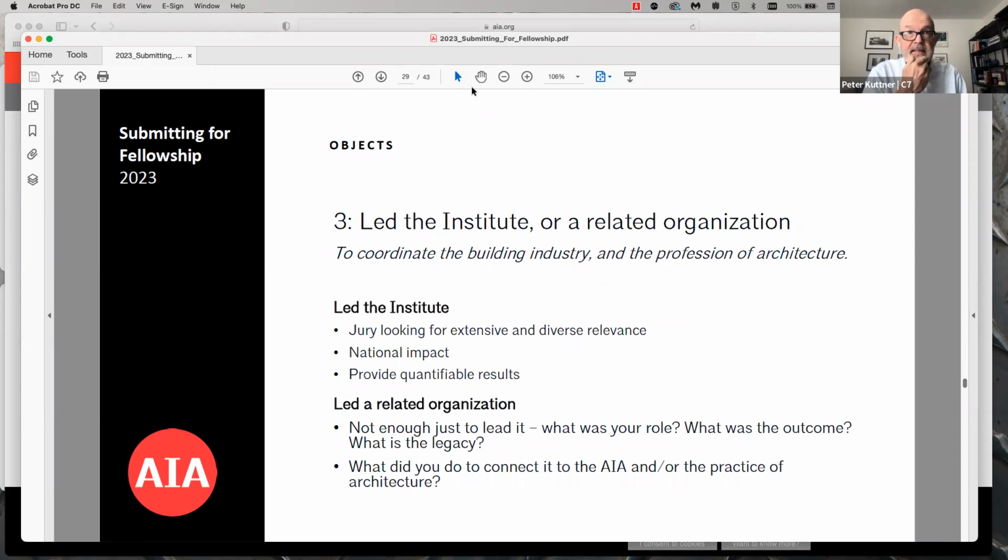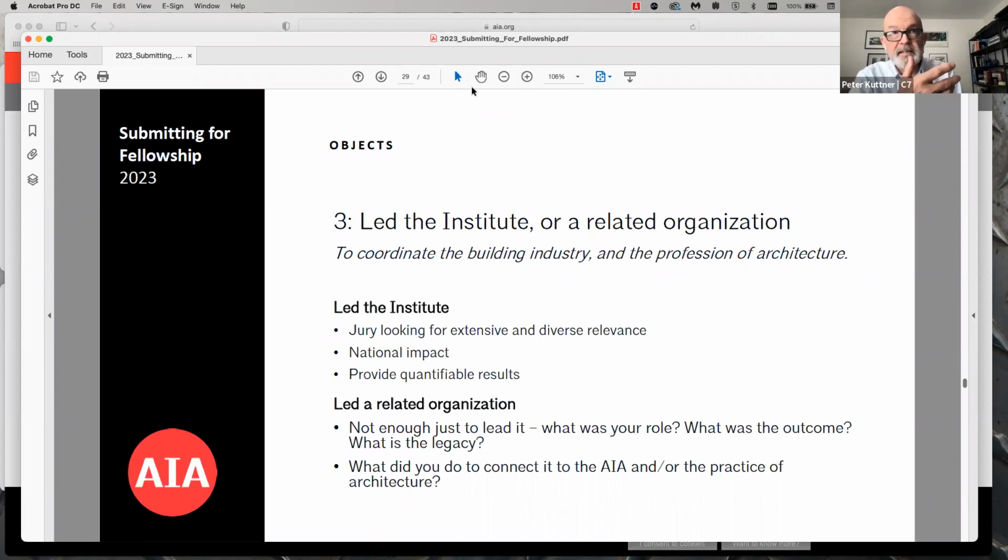Then 3 is lead the institute, and now they're making a case for a related organization. The institute is AIA, related organizations tend to be related to the AIA, so closer to the profession. So NAOP or NCARB or NAB or several of these other things associated with architecture or registration or education, ACSA.